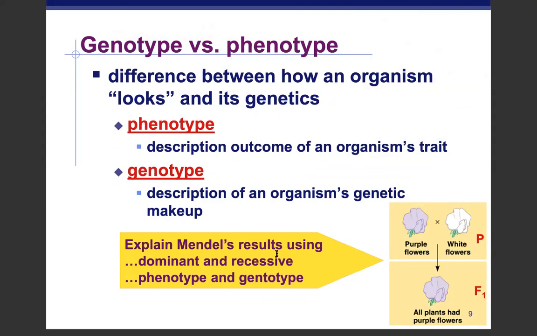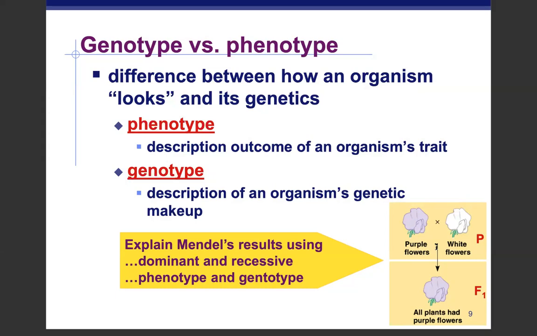So if you try to explain Mendel's results using dominant and recessive, we can say that Mendel discovered that the purple trait is dominant while the trait for white flowers is recessive. He discovered that the phenotype would always be purple if there was a purple allele involved.